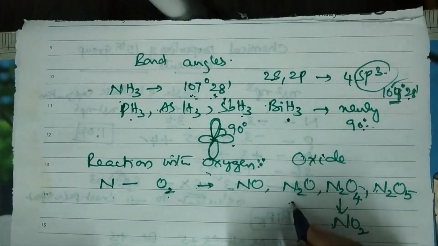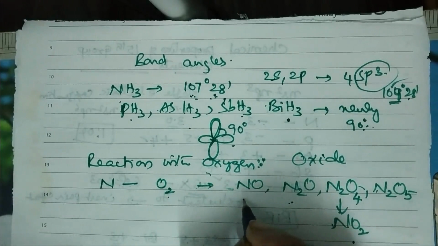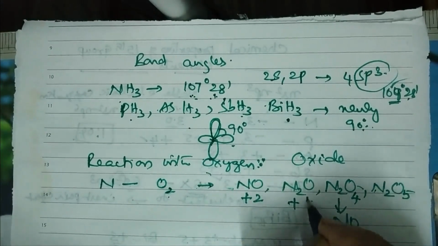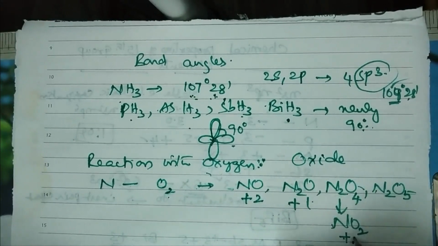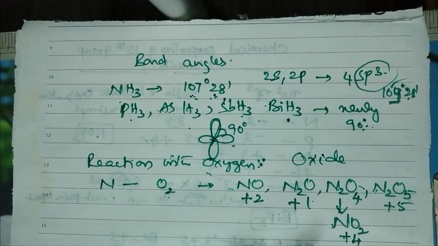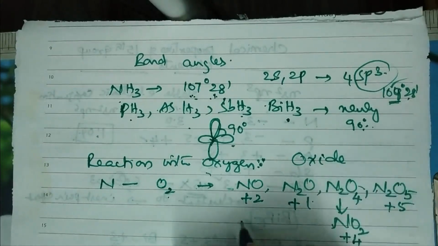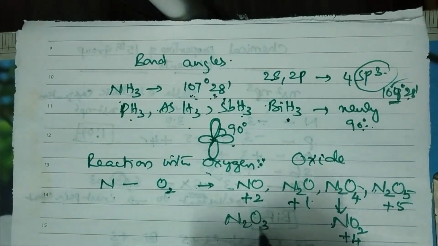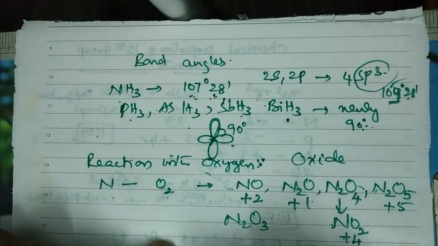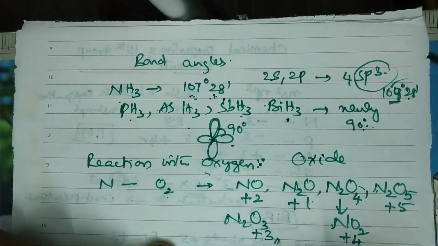Here the oxidation number of nitrogen is +2 in NO, +1 in N2O, +4 in NO2, and +5 in N2O5. So +1 to +4. Another oxide is also there, N2O3, dinitrogen trioxide or dinitrogen sesquioxide. Its oxidation number is +3.